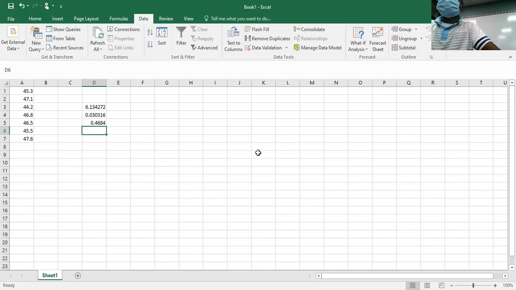Let's use Excel for 21. So which one do you want to do? 21A. So what is the question for that 21A?